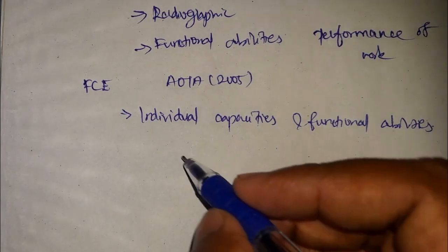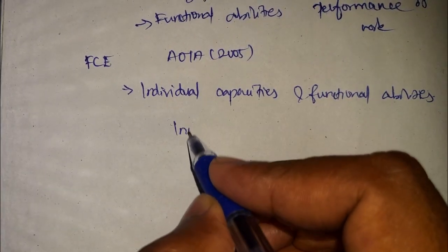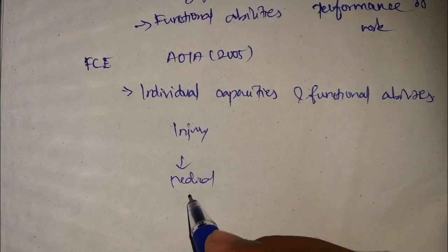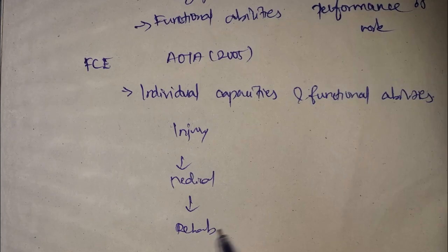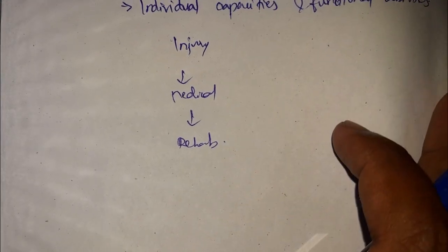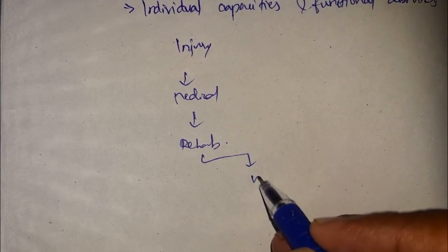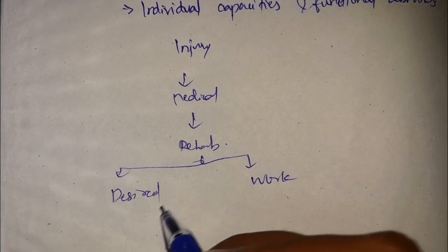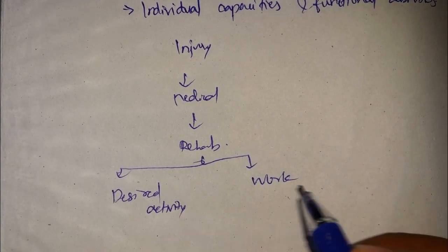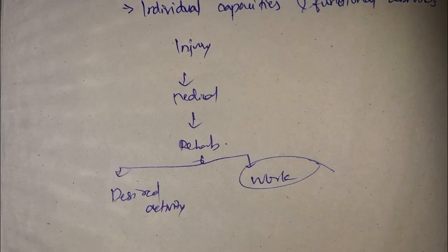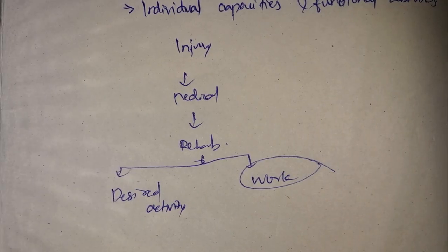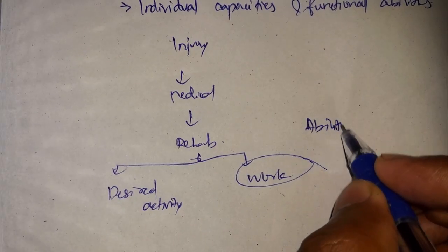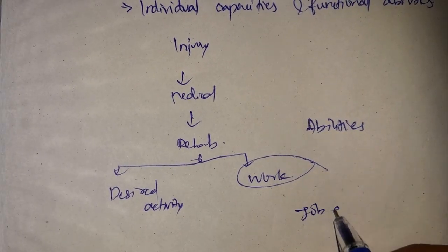After rehabilitation, which means if the person has any injury or illness, they first take medical management, then go to the rehab team. Then after rehabilitation, the person may return to work or to the desired activity. If the person returns to work, they need some capacities and abilities. So we have to match the patient's ability with the job or activity demand.